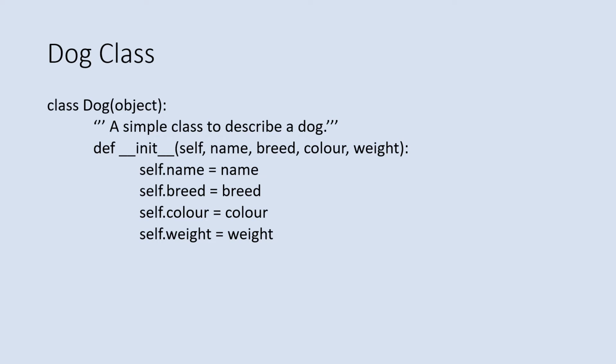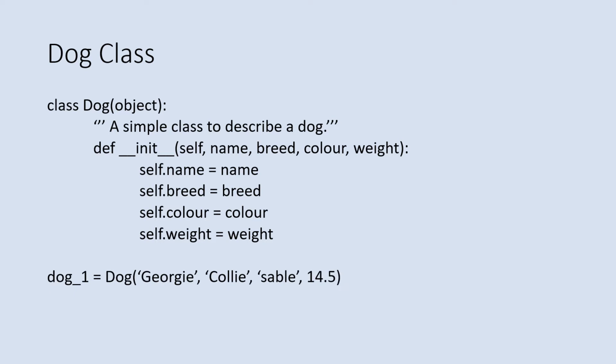So color, weight, and so on, we can assign those. And now when we create an instance of the class, those values are automatically associated with that particular instance.